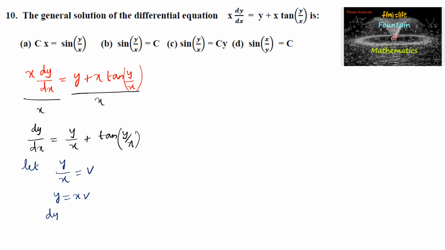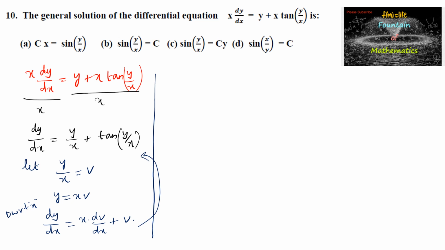So we have dy by dx is equal to, differentiating with respect to x, x into dv by dx plus v into dx by dx is 1. So let us substitute here. dy by dx can be written as x into dv by dx plus v is equal to v plus tan v.